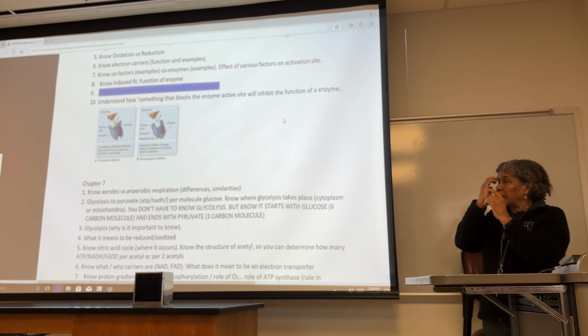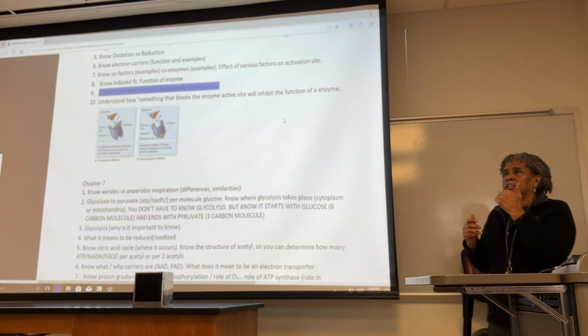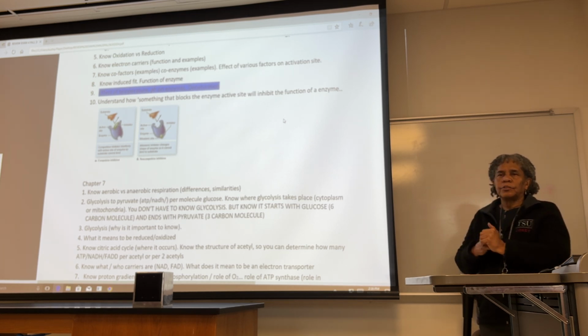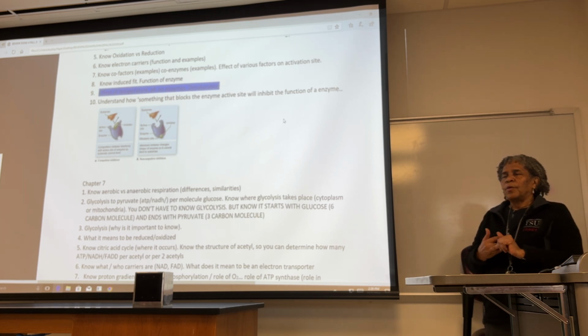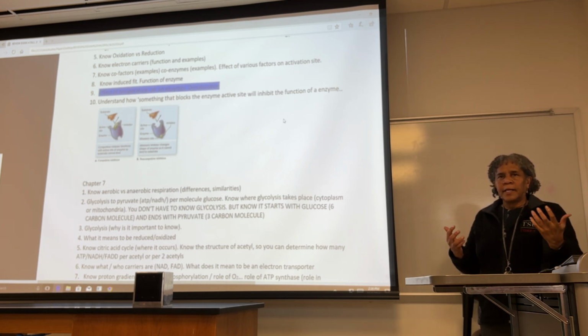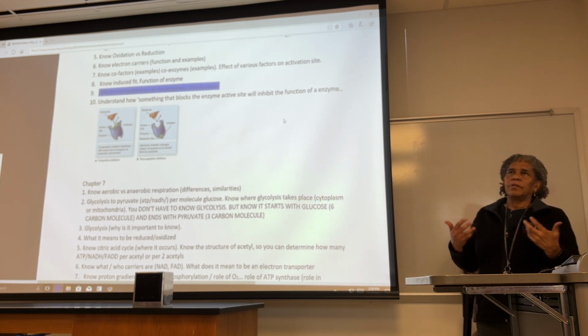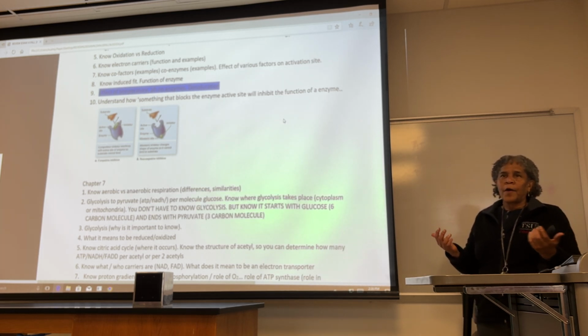The point is that things like temperature and pH will totally obliterate that site. So if you heat something up, and I used the example in class, why do you boil water after a hurricane? Remember that?